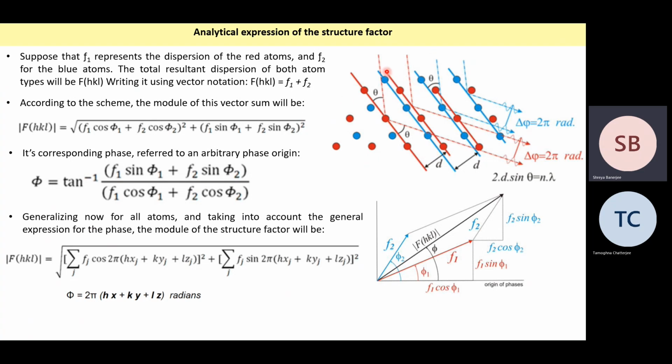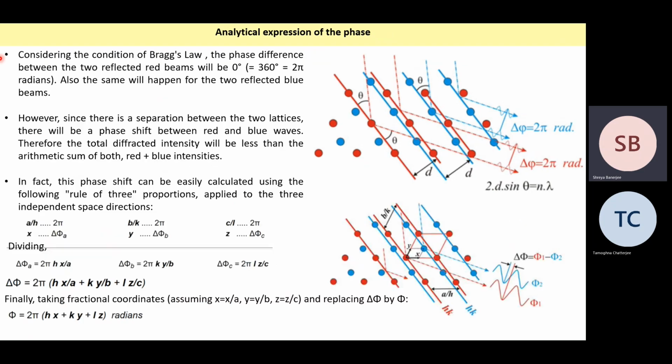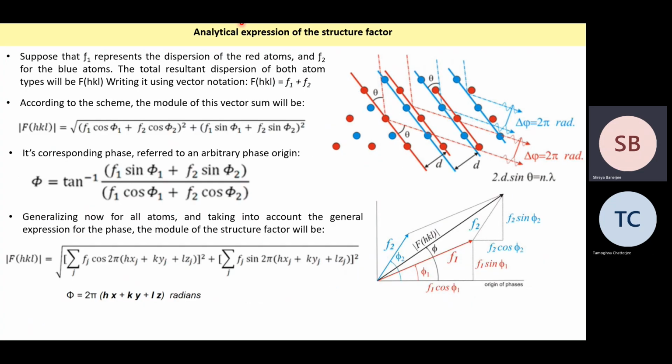So you have a combined red and blue system, and you have found the phase difference from this final equation. Now let us look at the structure factors.